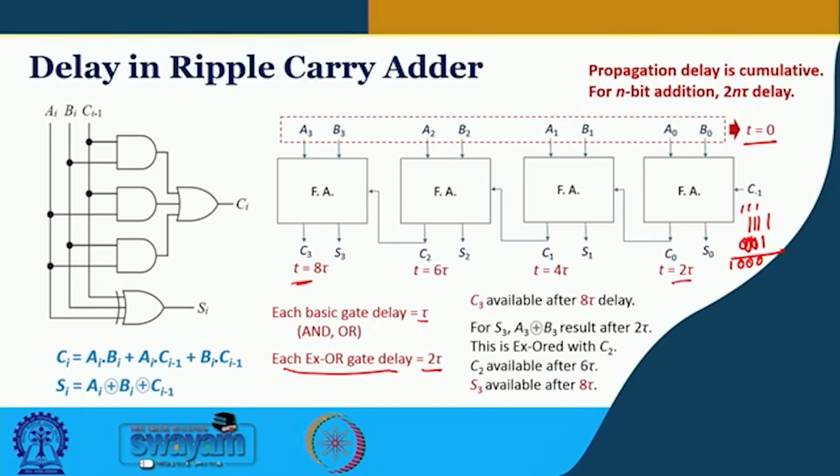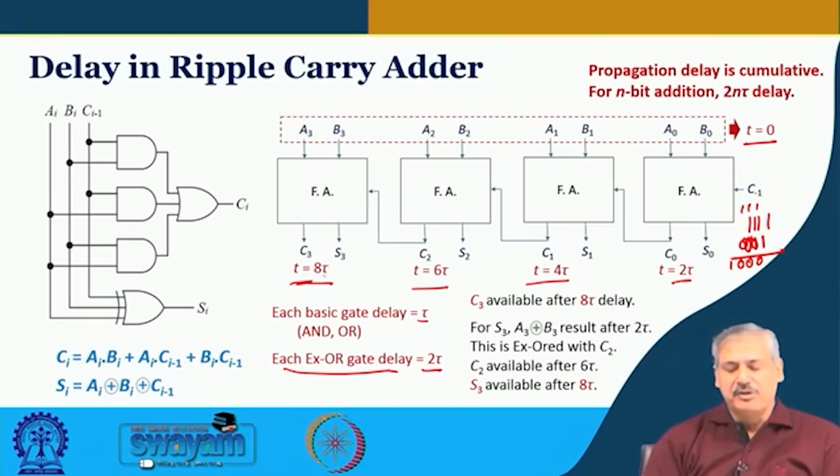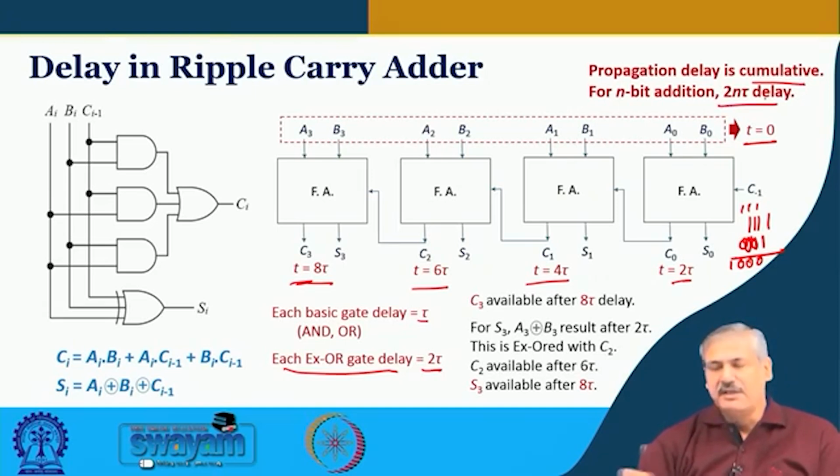So, 2 tau delay is there to generate the first carry C 0, right. Then this will go over here, and again an AND operation and OR operation will take place. So, C 1 will require another 2 tau, that is 4 tau, C 2 6 tau and C 3 finally will require 8 tau. Okay. So, if it is 8-bit it will require 16 tau. So, we see the propagation delay here is cumulative, and for n-bit addition 2n tau delay will be there for the generation of the carry.